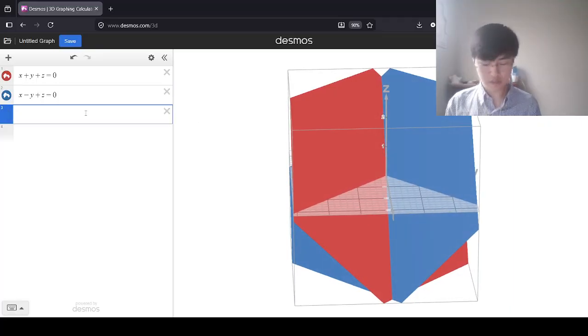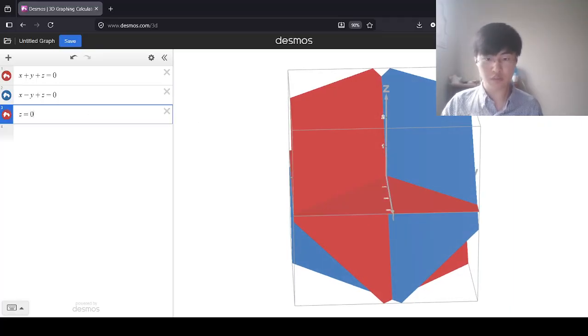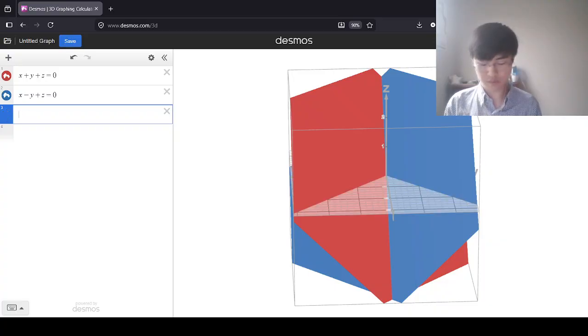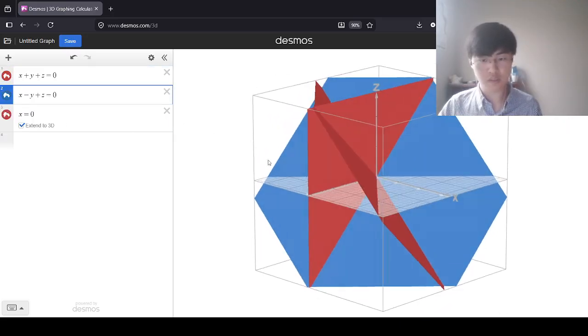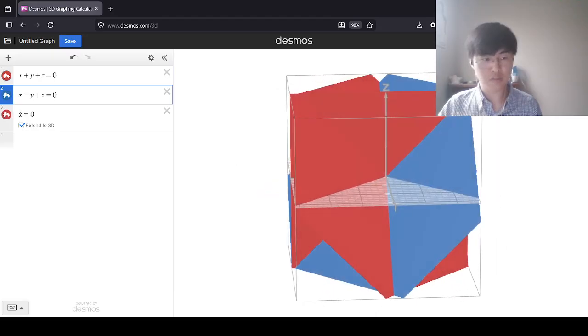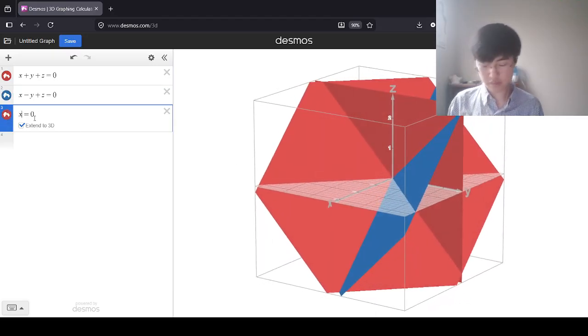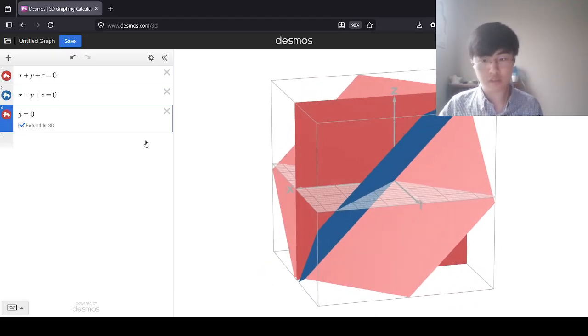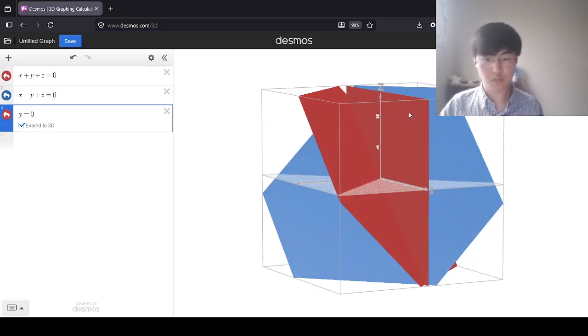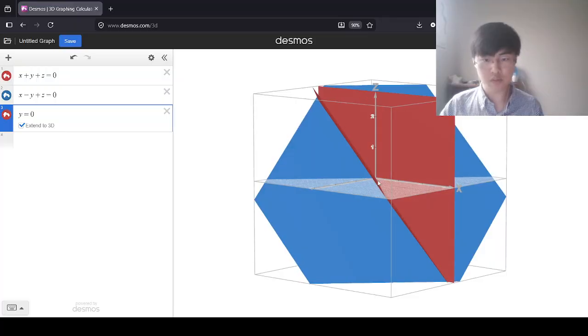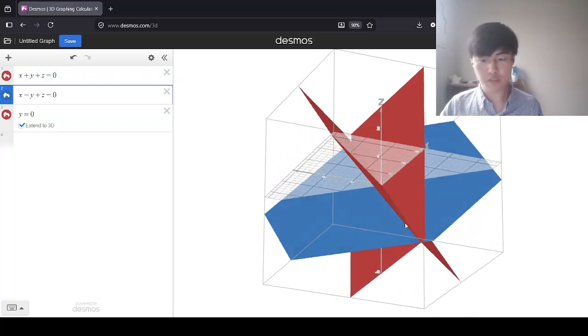I said z equals 0, or what would it be? x equals 0, extended to 3D, or would it be y? Okay, so it would be y. If we look, this y plane cuts through exactly this line.